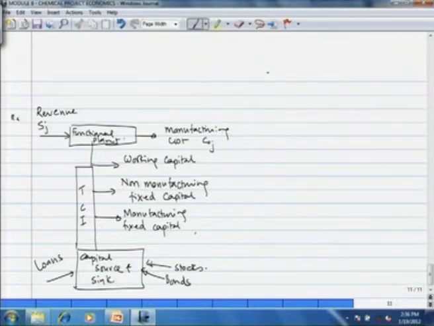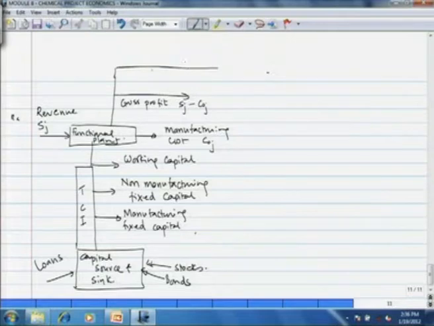Then part of the revenue is retained as depreciation fund. So the gross profit, the next term of the tree, is this revenue minus the operating cost or the manufacturing cost.